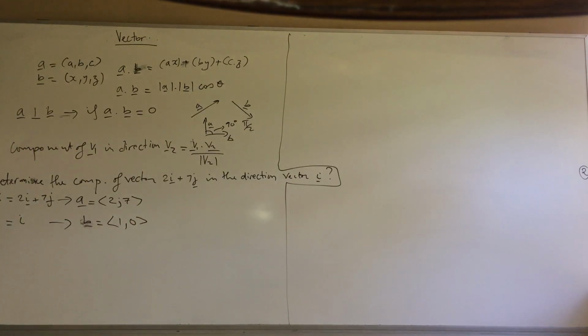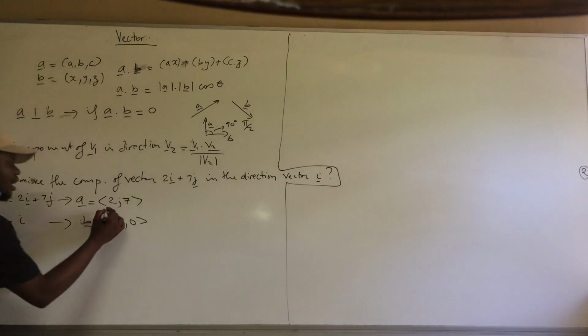Remember, I want to emphasize, they must be in the same plane for you to do the operations. So you cannot have a 3D here and then a 2D here. It should be 2D, 2D, or 3D, 3D. So i equals 1 and 0.